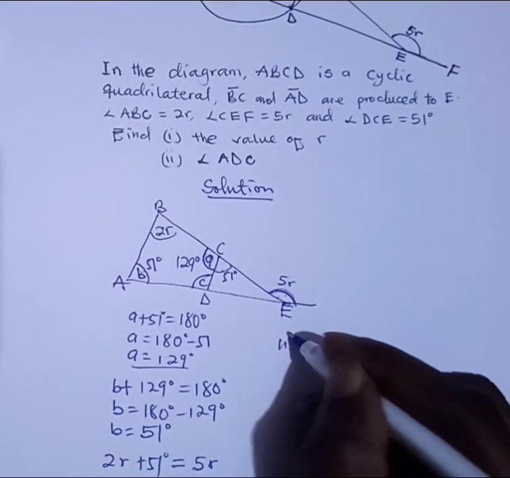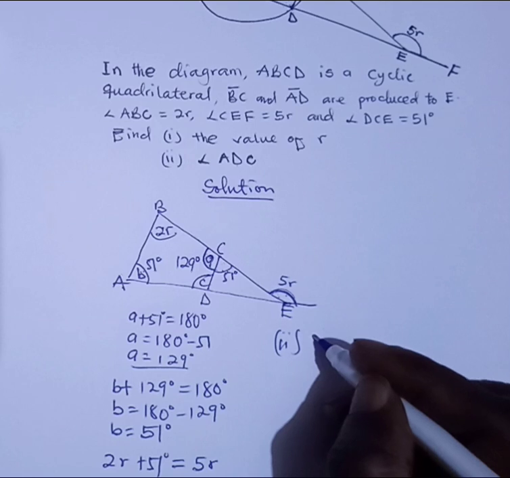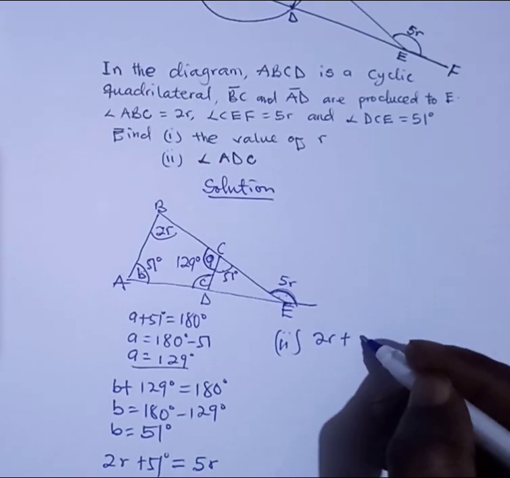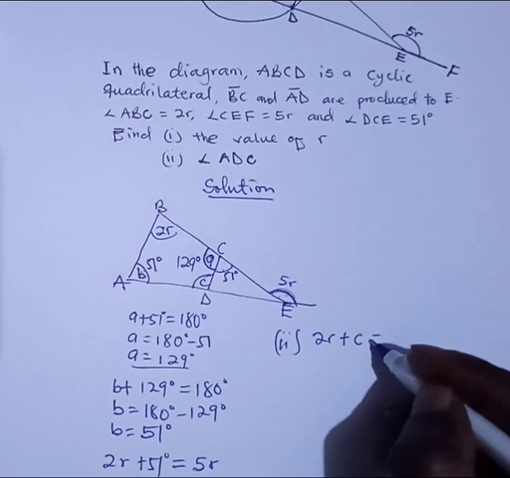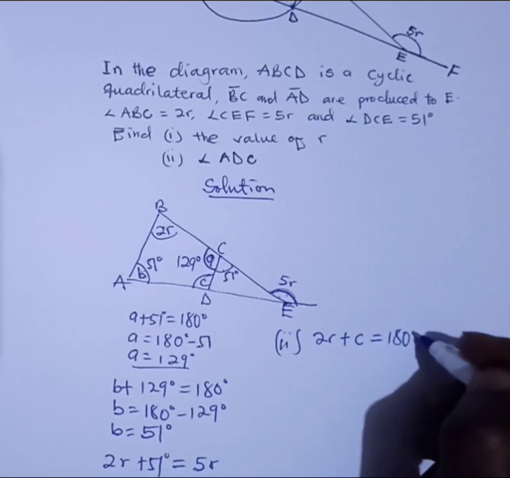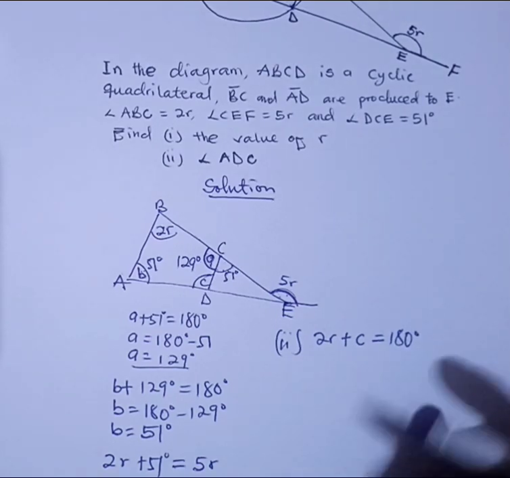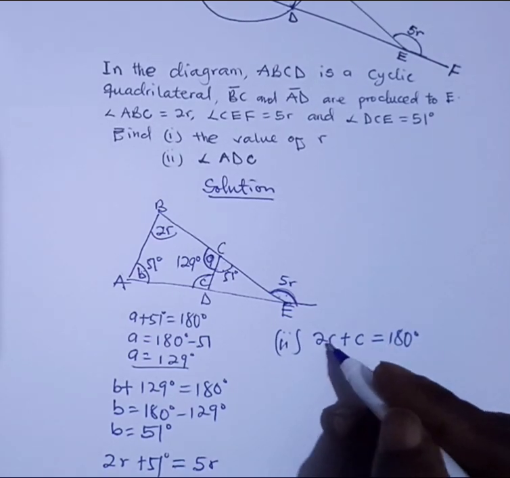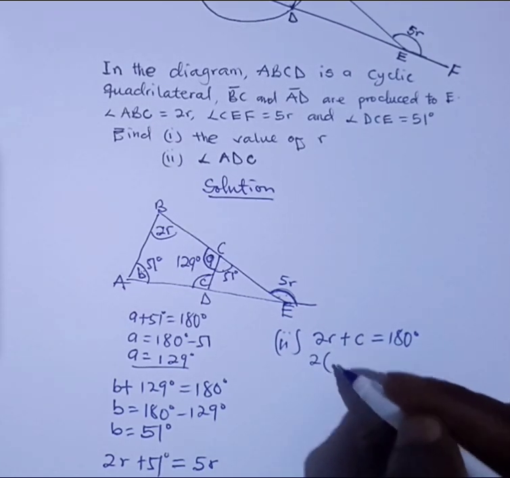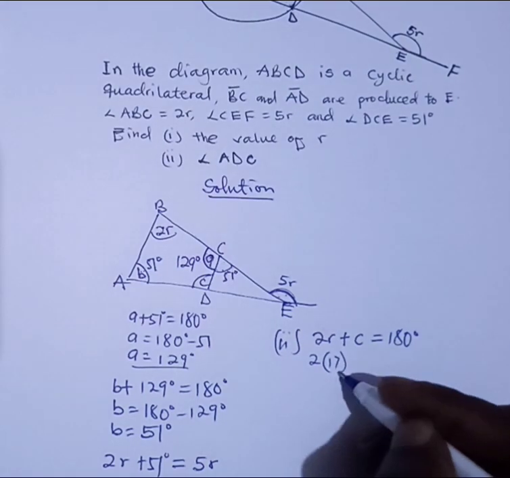So I will only write 2r plus c is equal to what? 180 degrees. Have you gotten that? But we know this r as what? 17. So I can just substitute my 17 there.